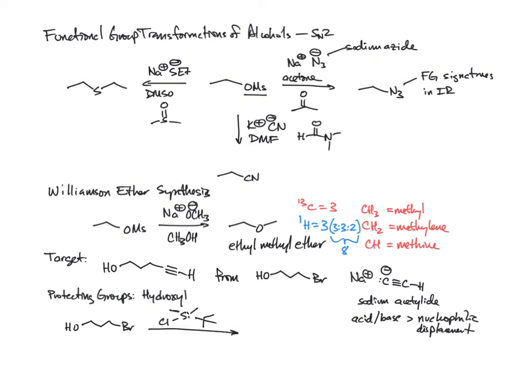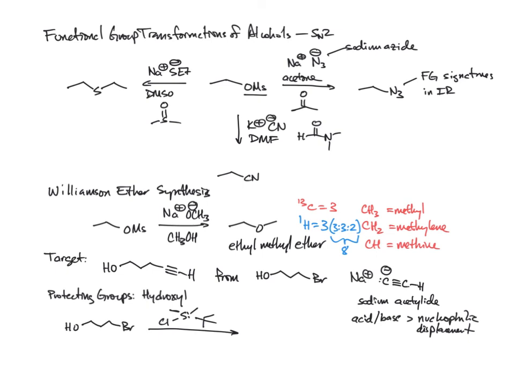If you recall your periodic table, silicon is directly under carbon, so it has a much larger van der Waals radius than carbon. Essentially what's going to happen is just a standard SN2 reaction in which this chlorine is displaced.